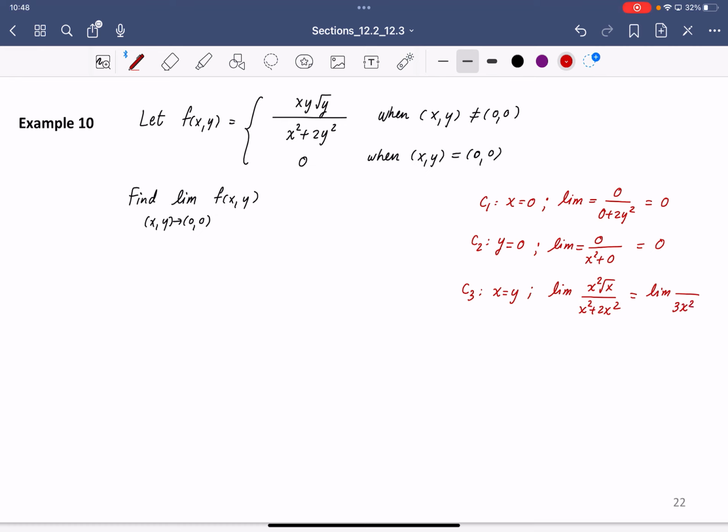The bottom gives 3x squared, and the top is x squared times the square root of x, so the x squared cancels out. You get the square root of x over 3, which goes to 0 as well, because (x,y) goes to 0.